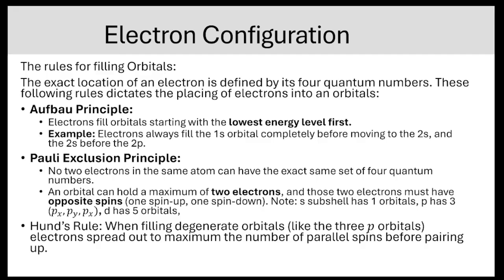We talked about this filling rule before, where the four quantum numbers define the exact location of an electron within an orbital.